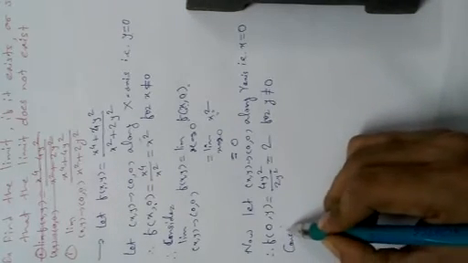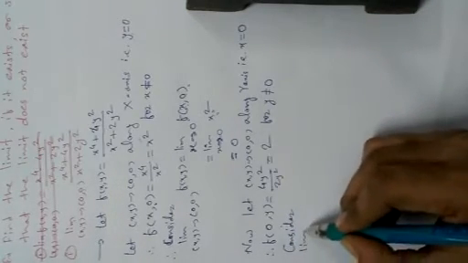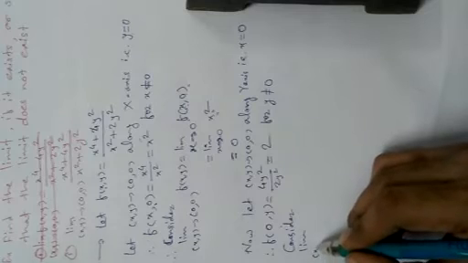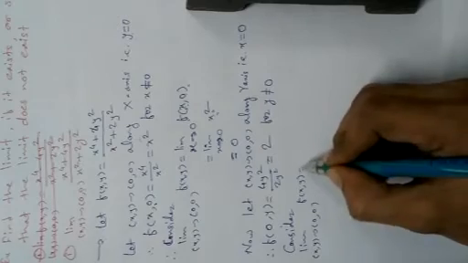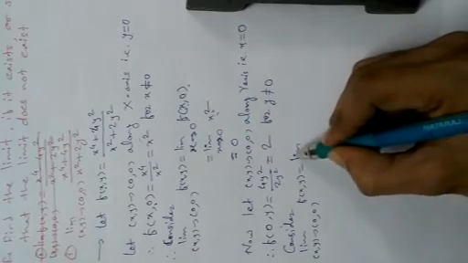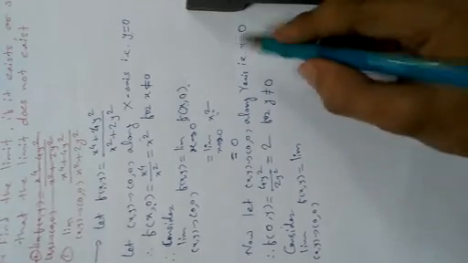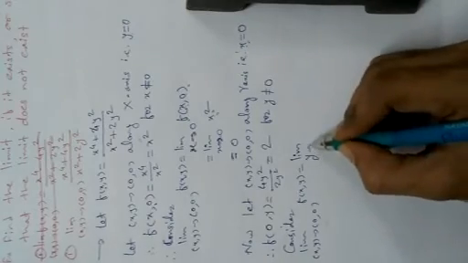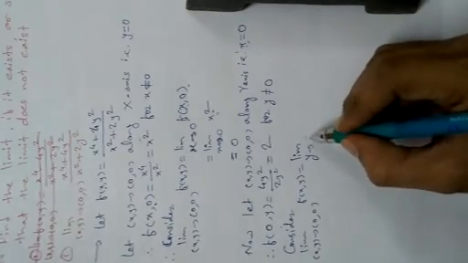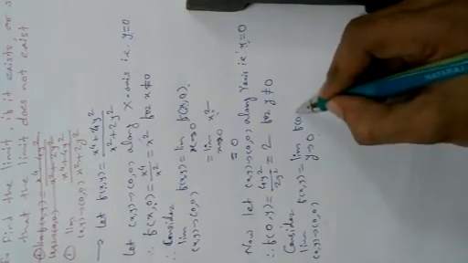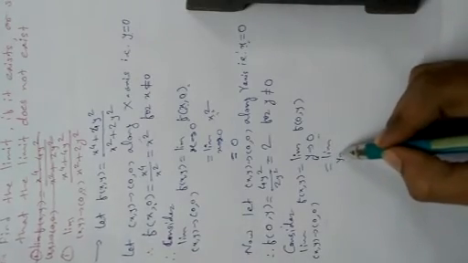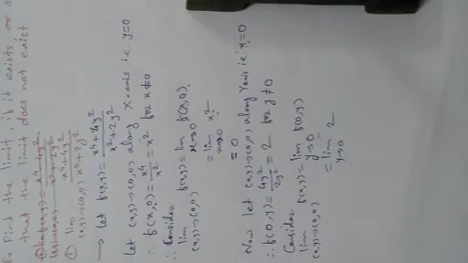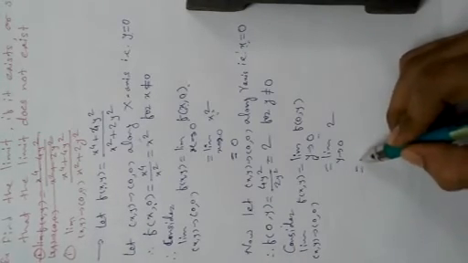Now consider the limit of f(x,y) as (x,y) tends to (0,0). As we have put x equal to 0, the function becomes of y only. Therefore the limit of f(0,y) as y tends to 0, the limit of 2 as y tends to 0, is equal to 2.